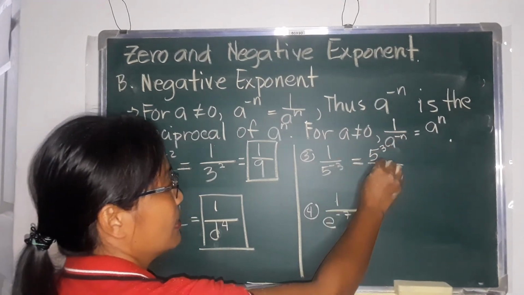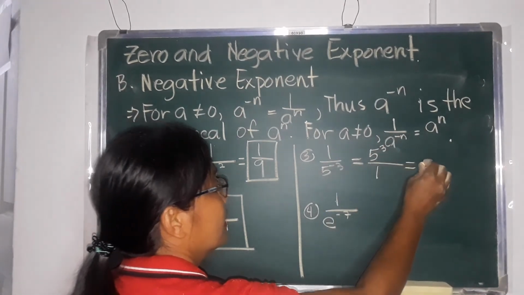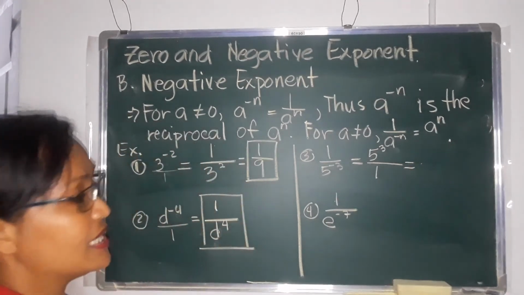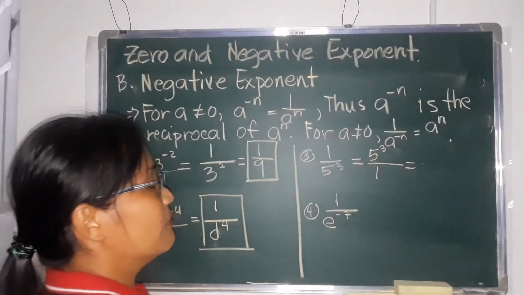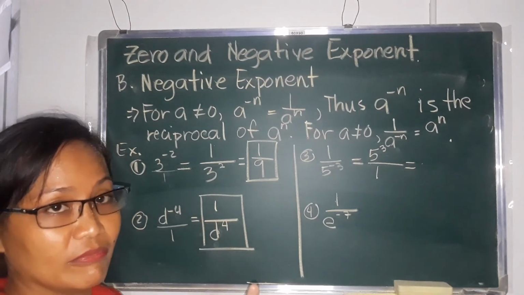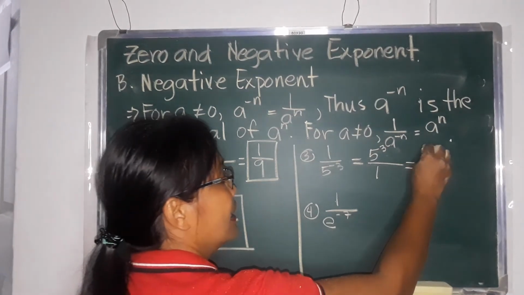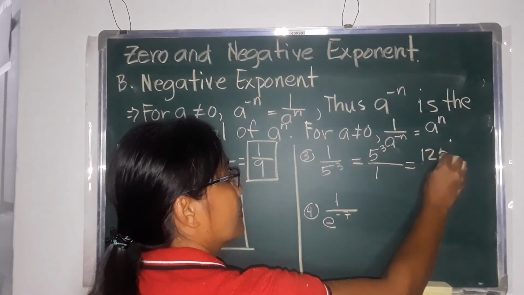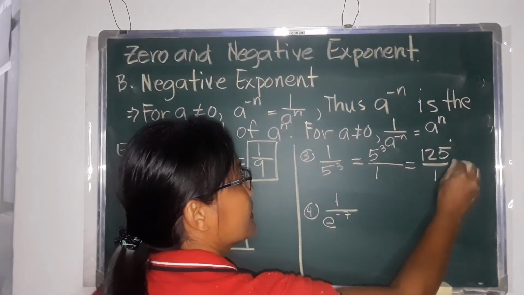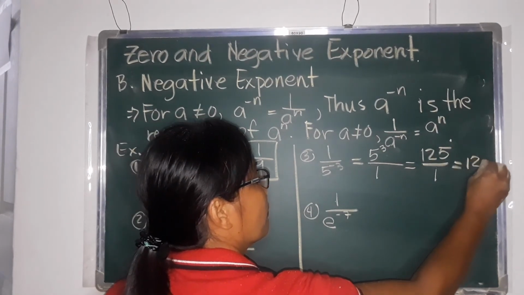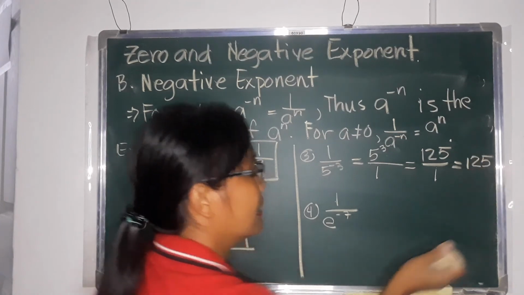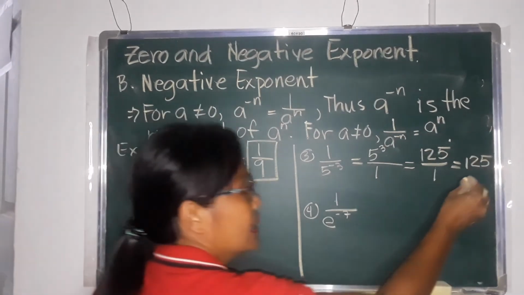And then 1 will be below. And of course, any number divided by 1 is equal to the number itself. So, 5 cubed, 5 times 5, 25 times 5, we have 125 all over 1, or simply 125. Why? Any number divided by 1 is equal to the number itself.